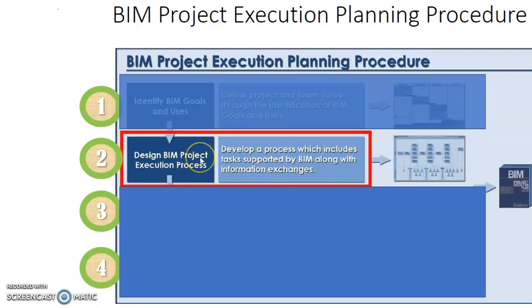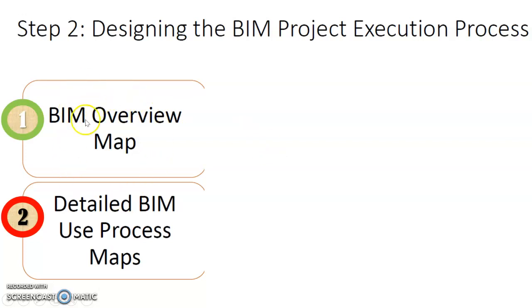Now, under this step 2, there are actually two sub-steps that we need to carry out. We need to produce a BIM overview map, and then from the overview map we produce a detailed BIM use process map.